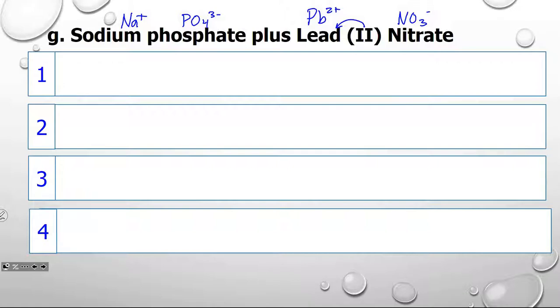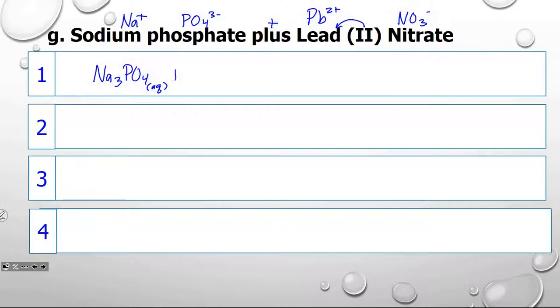Okay, so the first one before the plus, because the plus tells me there's 2 different compounds, is the Na and the PO4. PO4 has a minus 3 charge, Na only has a plus 1, so I'm going to need 3 plus 1s to balance out the negative 3. So Na3PO4. In NAGSAG, this is group 1 metals. So this is aqueous, but I already told you everything on the reactant side is going to be AQ.